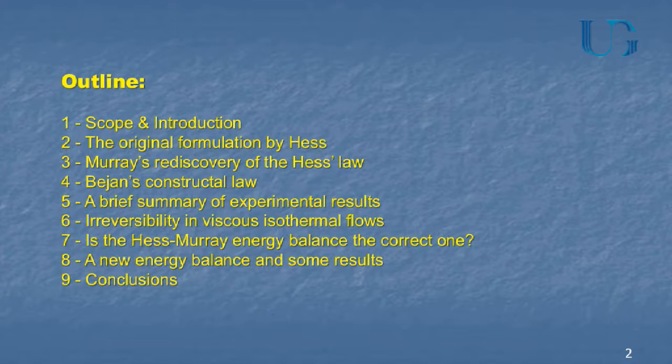I will first analyze the law and then give you a summary of experimental results. I will maintain that the experimental results do not confirm this allometric law. And then I will take another route to derive a sort of different version of this law based on entropy generation rate minimization. Okay, next please.